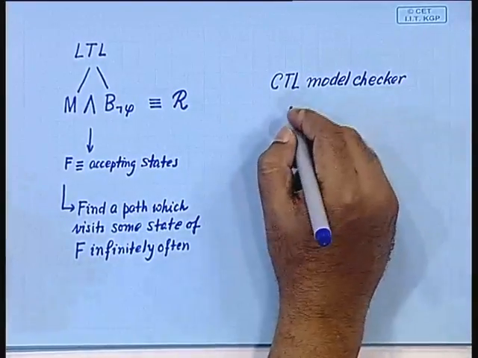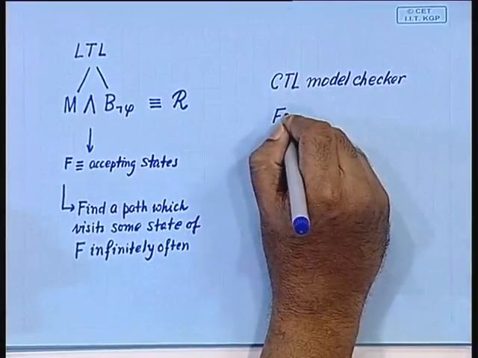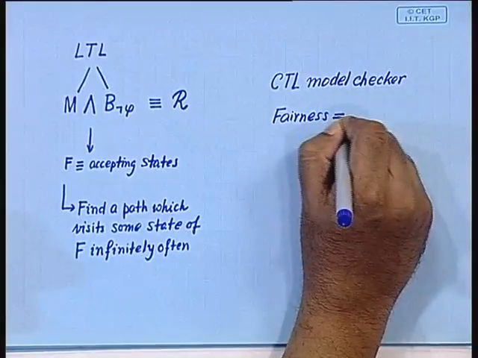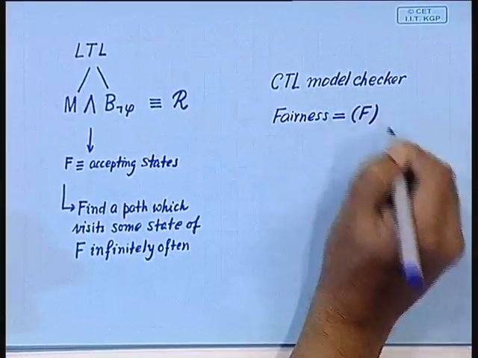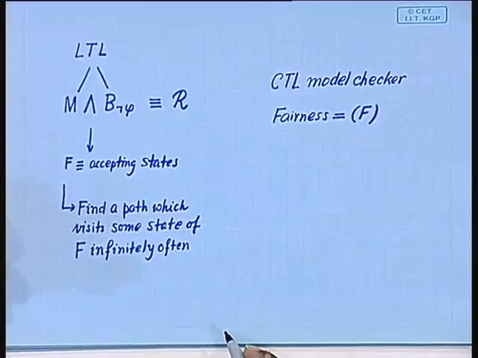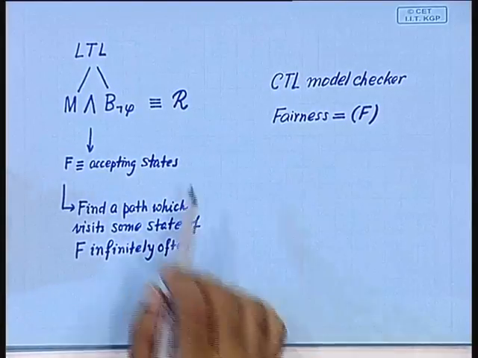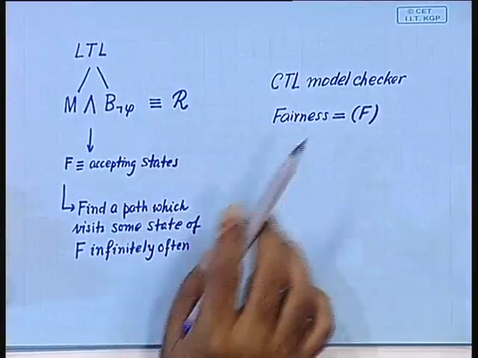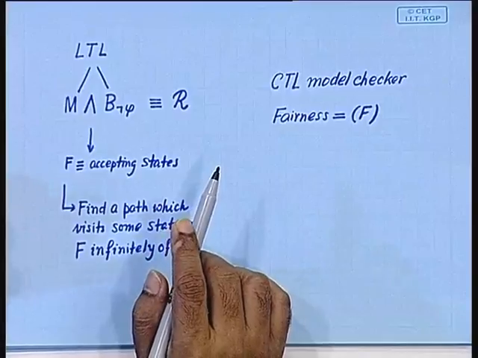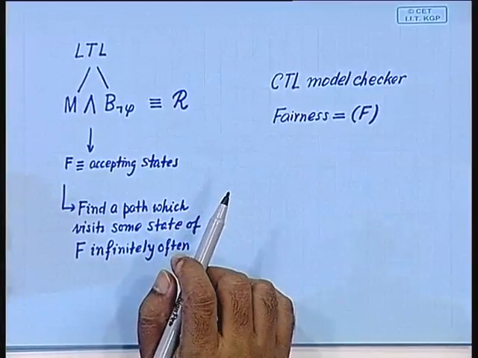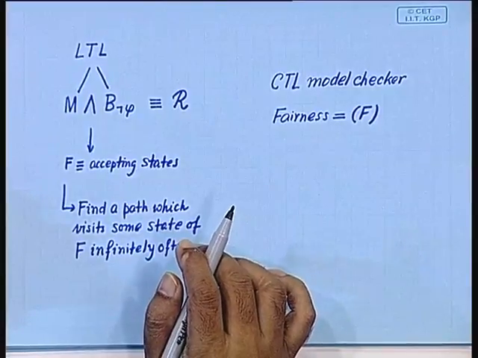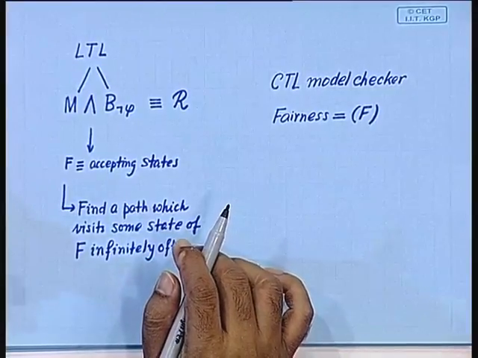So the fairness constraint will be this set F, okay. So R is the Kripke structure, F is the fairness constraint, it is going to find out the fair Kripke structure. What we want is whether there is any infinite path in the fair Kripke structure.